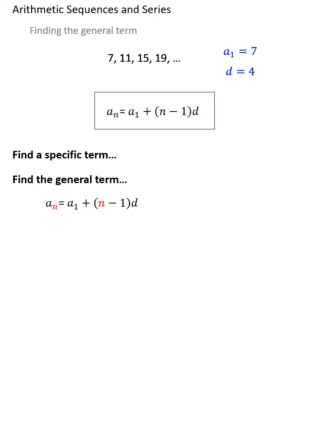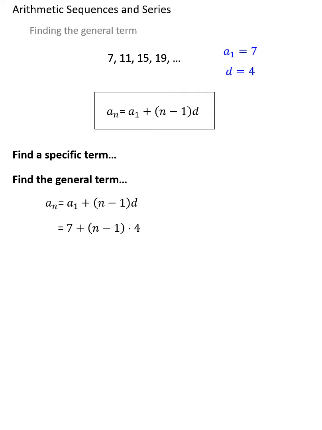So I want to keep n as n, because I'm not finding a specific term. I still, however, know for this particular sequence the values of a1 and d, so plugging in the first term and the common difference, I now have an expression that will lead me to a simplified general term.